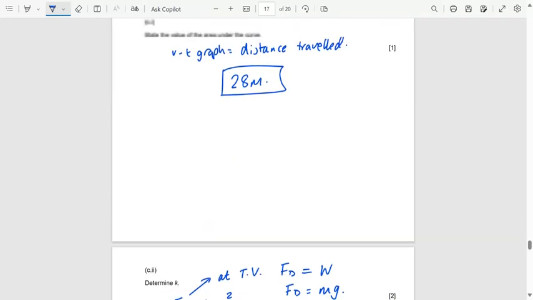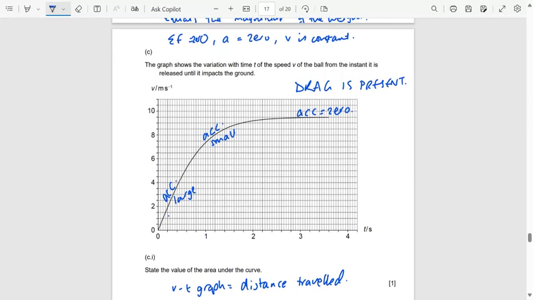So what I need to do is look at this graph and see what speed is occurring when there is zero acceleration. So there's acceleration here, so I need to keep increasing the line until the acceleration gets to zero. Here is terminal velocity. I'm now going to read that off the graph. Be careful. So we've got 8, 9, 10. Halfway between 9 and 10 is 9.5.